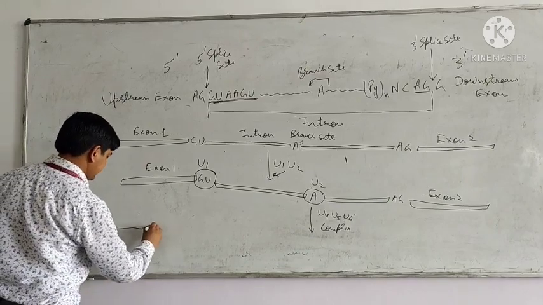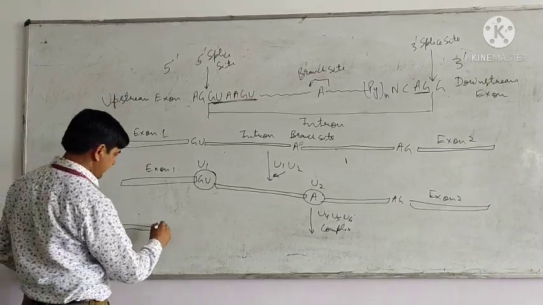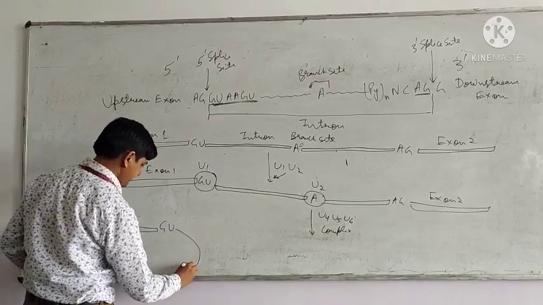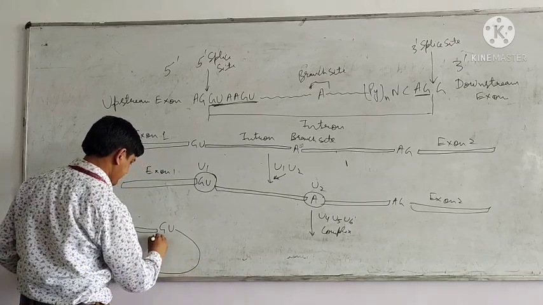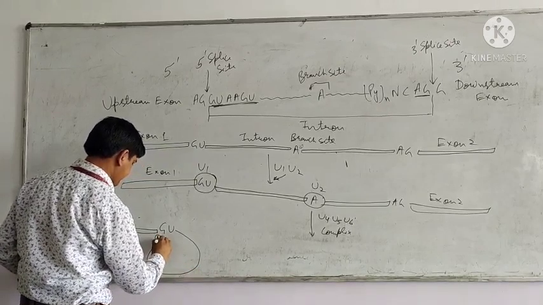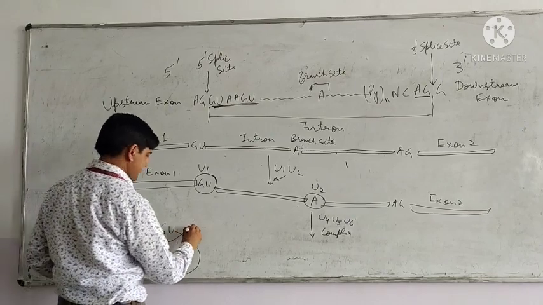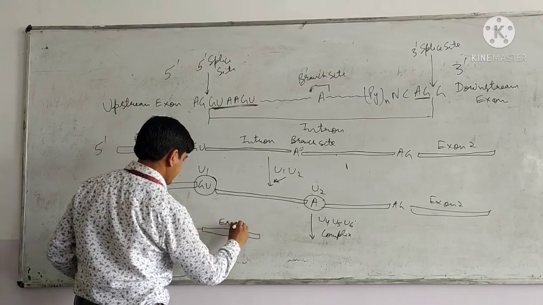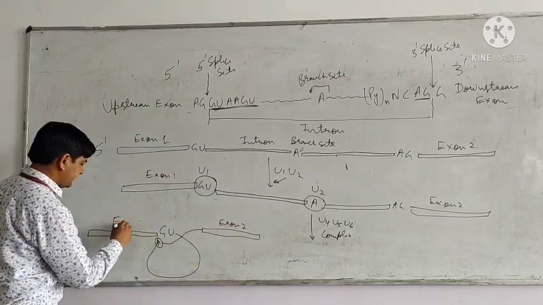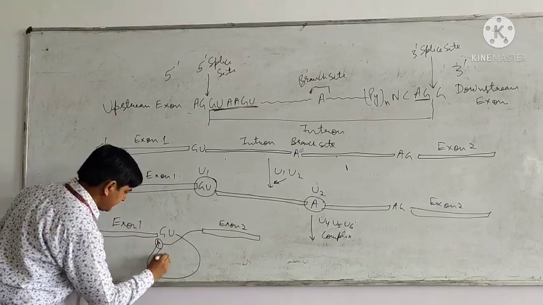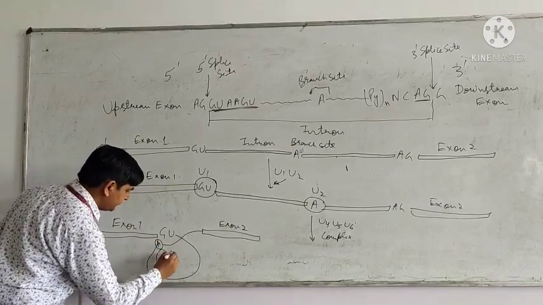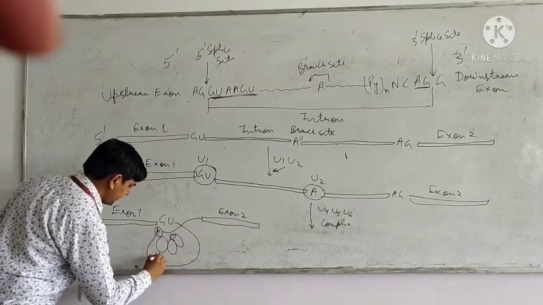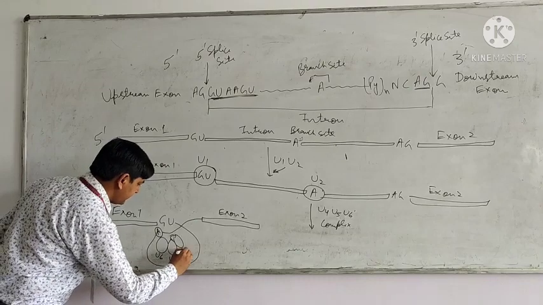So I am writing here. Exon 2, this is exon 1, and there is the U4, U5, U6 complex.